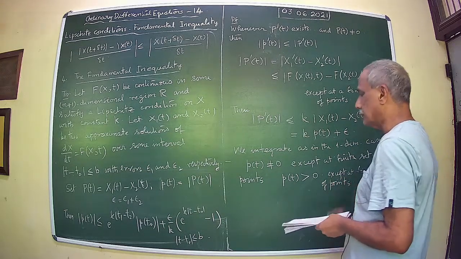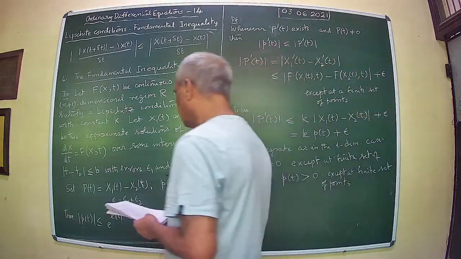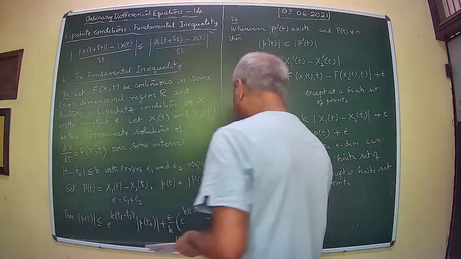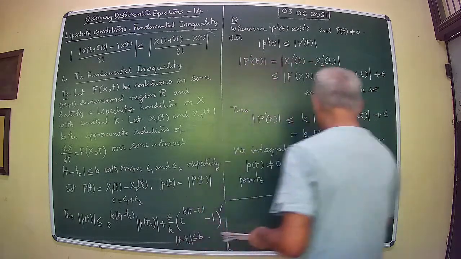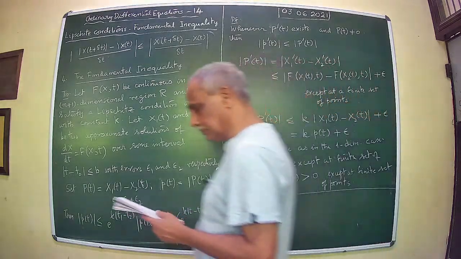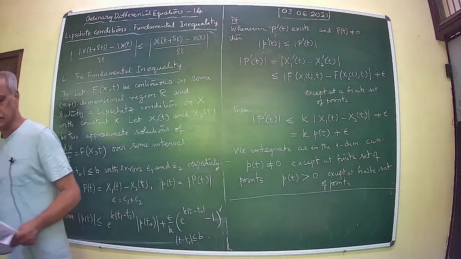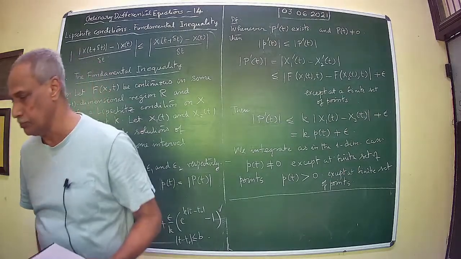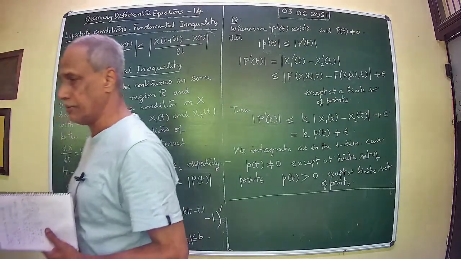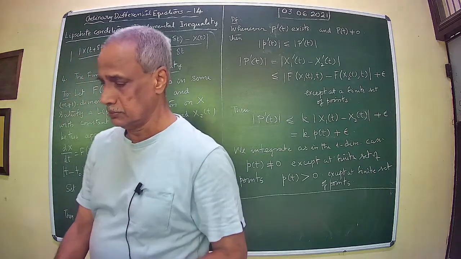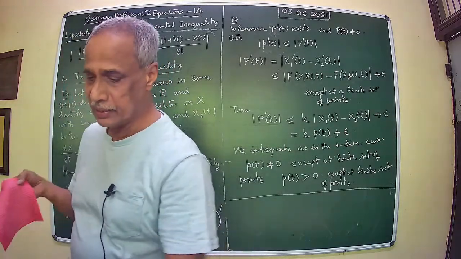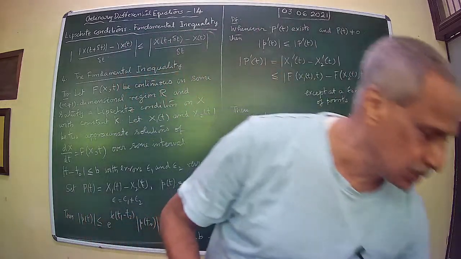So it is quite simple to work out the proof of this theorem and you get this inequality. So this completes the proof of the theorem, and maybe I will stop here, and if you have any questions you can ask.